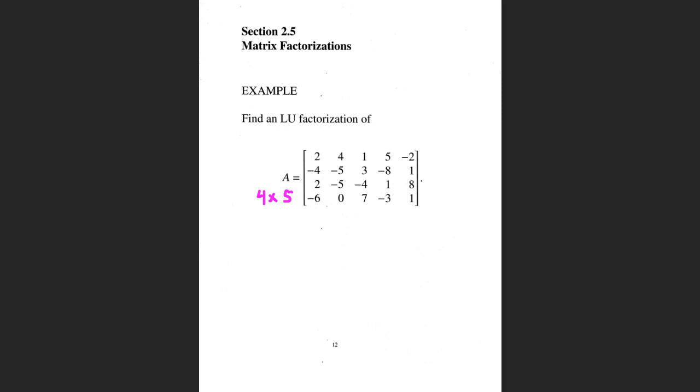Well, we're not actually solving a system of equations here. We're trying to find the LU factorization of this matrix A. So while we're reducing the matrix A to echelon form U, we're going to be constructing at the same time our lower unit triangular matrix.